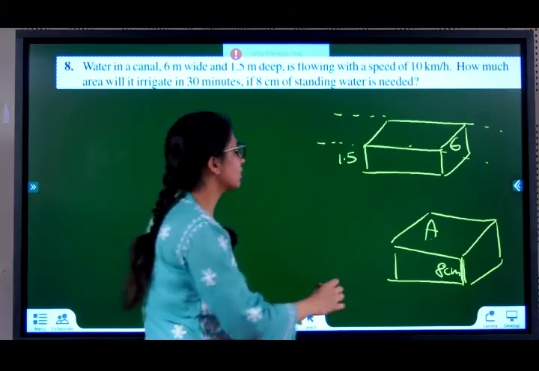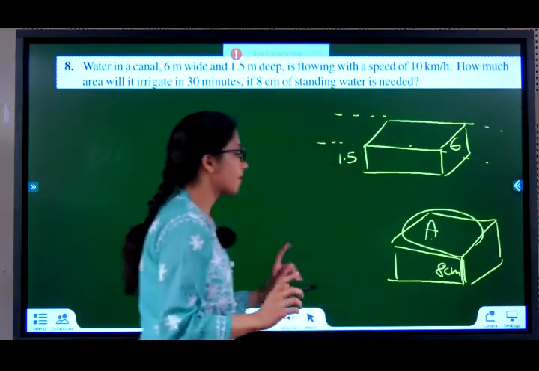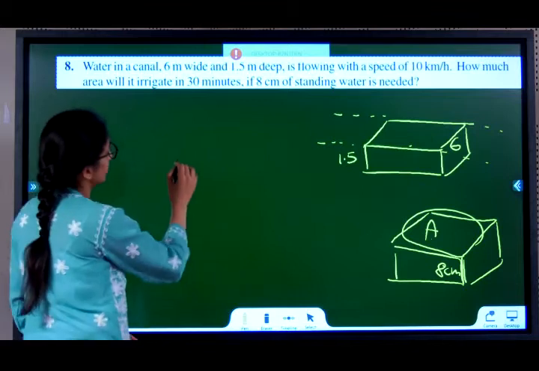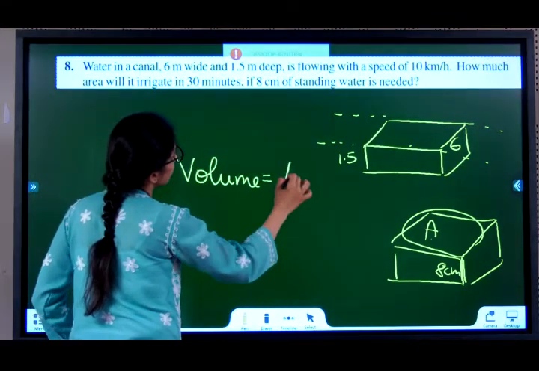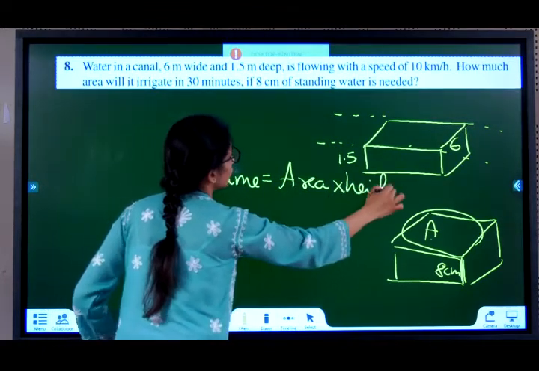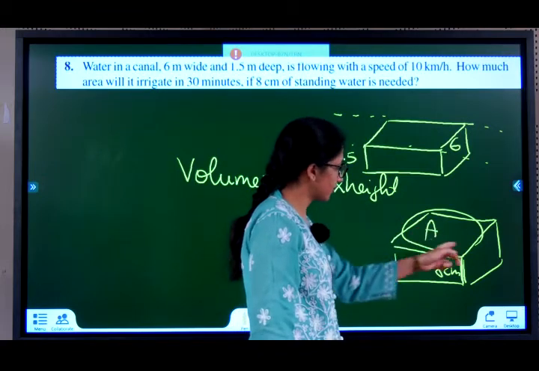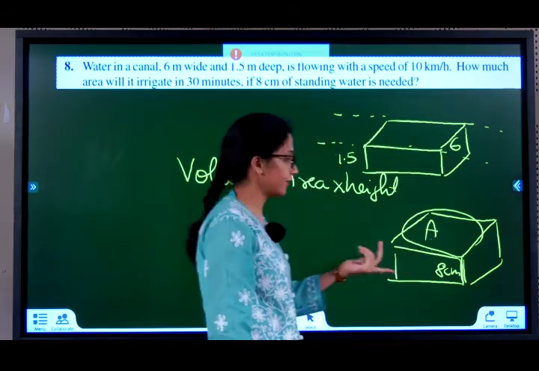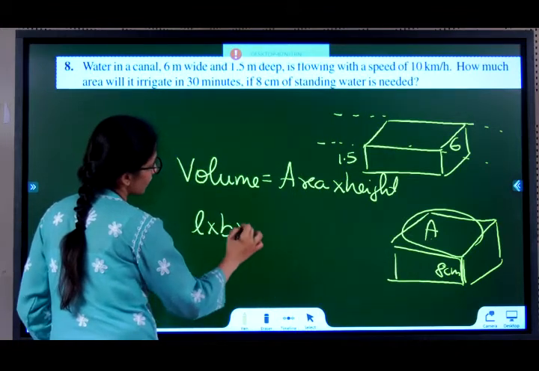How much area? I don't know whether this is cuboid or cylindrical or what it is, but we all have to understand this: volume can also be written as area into height. I don't know the shape. L into B into H is the volume of a cuboid.